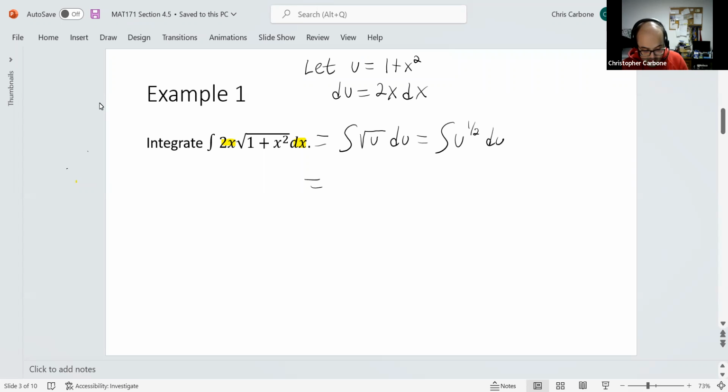And applying the formula, this will be 2/3 times u to the 3/2 plus c. And resubstituting back in here at the end with regards to what we have here for u, this will be 2/3 times 1 plus x squared to the 3/2 plus c.